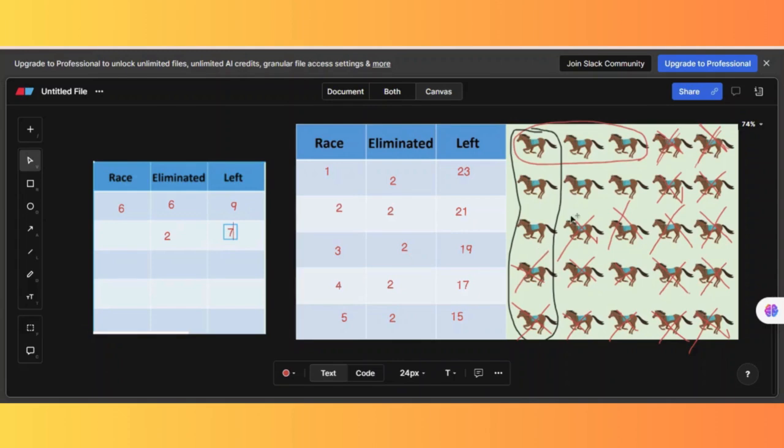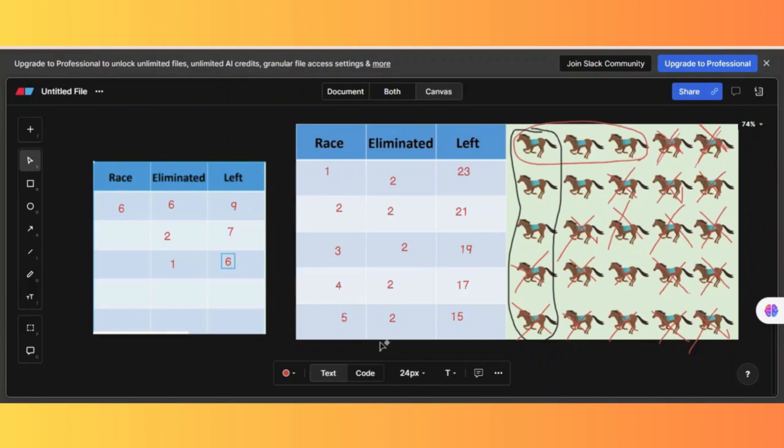After finding this, I will move forward and see that if this is my first horse, second horse, third horse, this is the fourth horse. From each and every location, I'm getting its position as fourth. And as you can see, we have to find only the first three horses. That's why we can eliminate this horse also. I have eliminated one more horse, and I get only six horses right now.